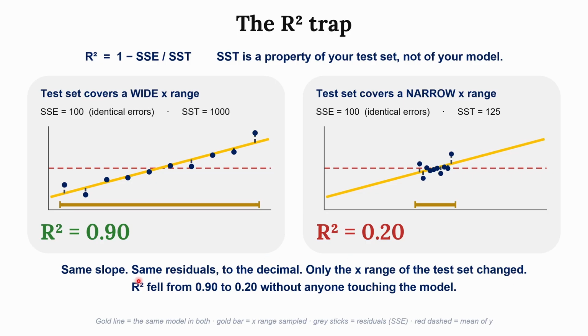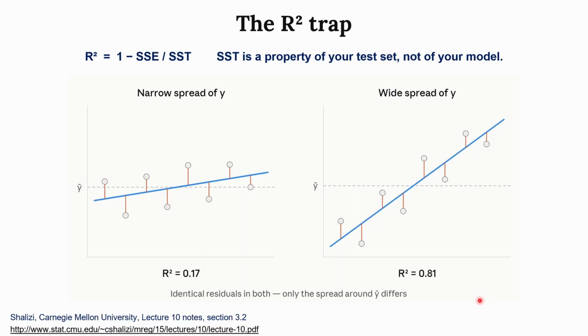The R squared fell from 0.9 to 0.2 without anyone even touching the model. Here is another visualization, same errors as in the case right here, but here a larger spread, and R squared is way better. Identical residuals on both, only the spread around the epsilon differs.